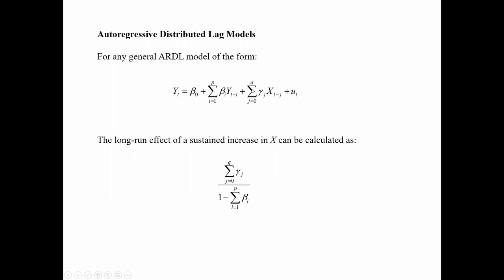This would be an example of an ARDL p-q model because there are p autoregressive terms or lags in Y, and there are q distributed lag terms or lags in X.